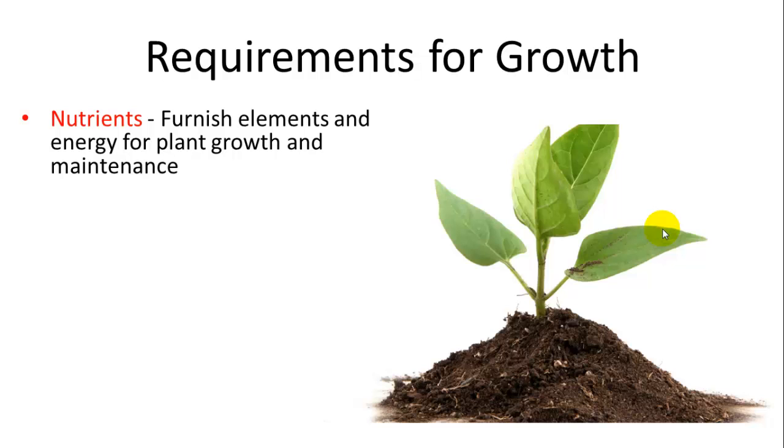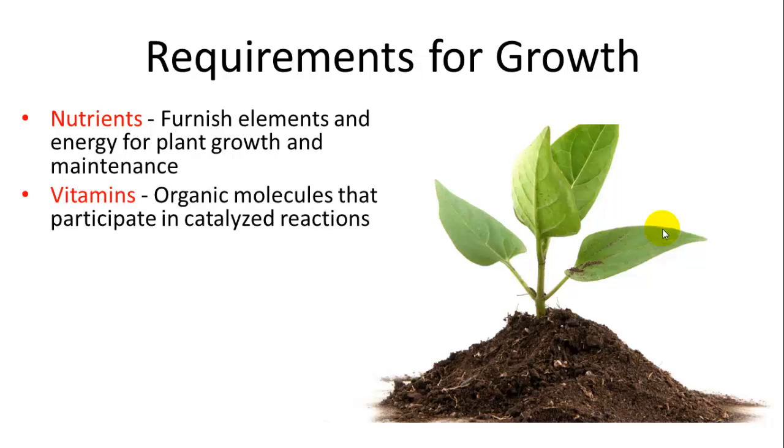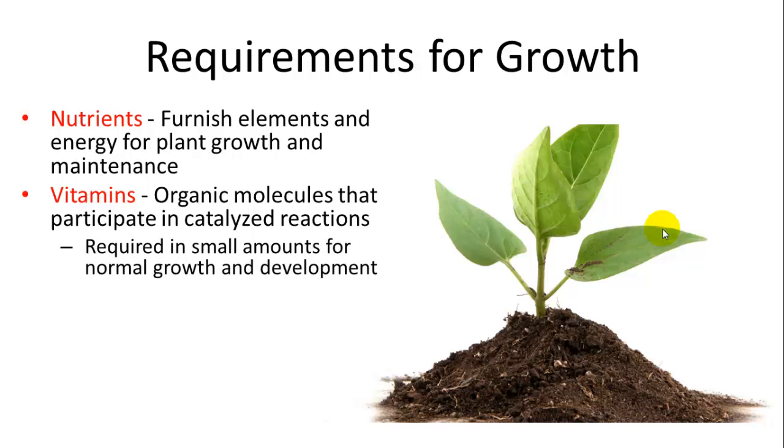Okay, so carbon dioxide, and most of these are taken from the air or from the soil, including water. Vitamins, these are organic molecules that are made or synthesized within the cells themselves, and they are required in small amounts for normal growth and development. They participate in reactions to make them go faster. They're catalysts.